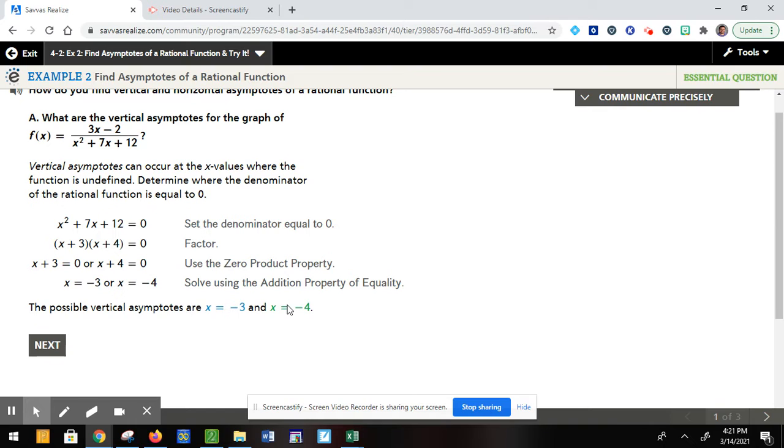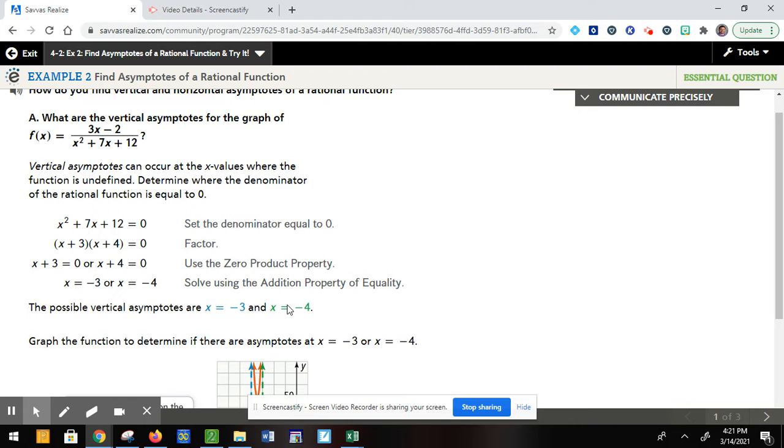In this case, x squared plus 7x plus 12 is factorable. So when we factor, we get x plus 3, x plus 4. We solve for x, and we get that x is equal to -3 or -4 would make that denominator 0. So there's possible asymptotes at x equals -3 and -4.